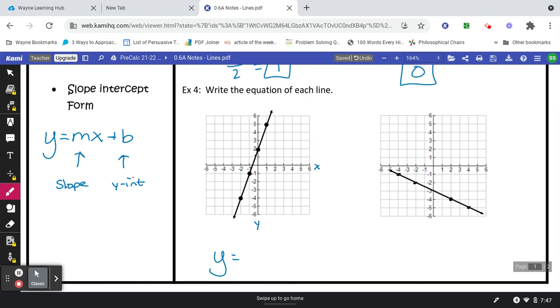So if we can identify the slope and the intercept, then we can write the equation. So it looks like the slope, if I walk from one point to the next, looks like I'm going up 3 and over 1. 3 over 1, I'm just going to write into my equation as 3. Put the x next to it. And then right here is your y-intercept, so positive 2.